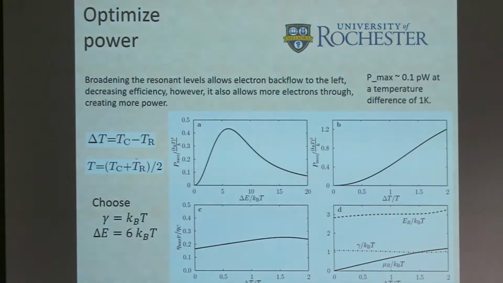That gives me maximal power. As I start cranking up the temperature, obviously it's going to keep growing with delta T over T. And then when I optimize my parameters, I see typically that the width that I want to apply, if I want to maximize the power, is around the temperature, of the order of the temperature. And the delta E is about 6 times the temperature. So that's how you optimize this system.